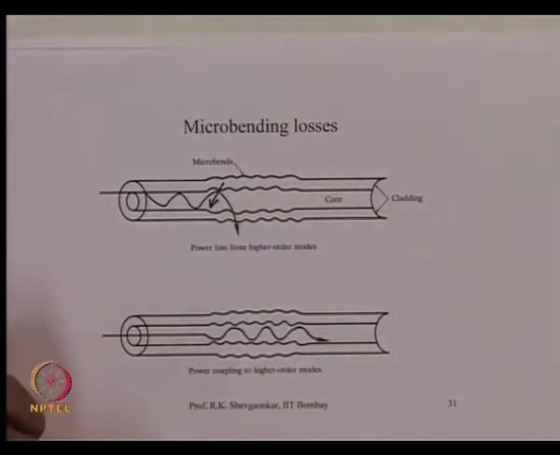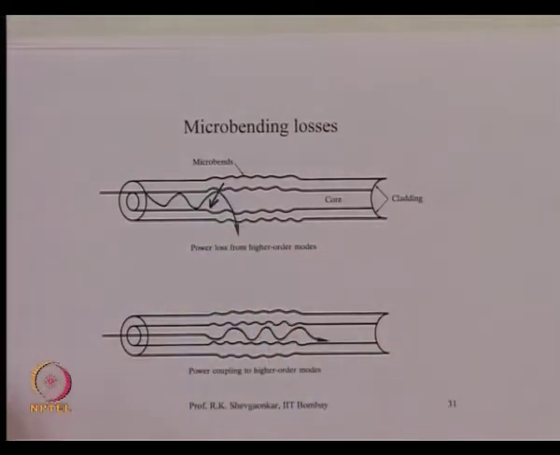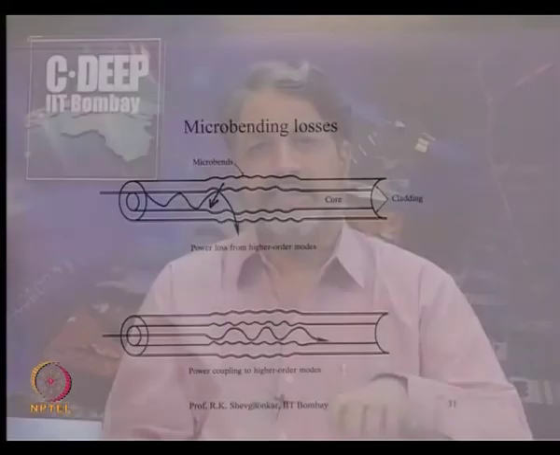And as a result, that energy essentially leaks out, something like this. So what we find now is that when the fiber has what are called the micro bendings, then there is a small amount of energy which leaks out from the fiber. And this is what is called the micro bending loss inside the optical fiber.